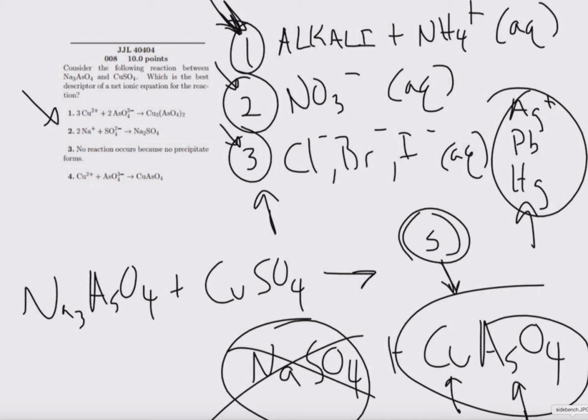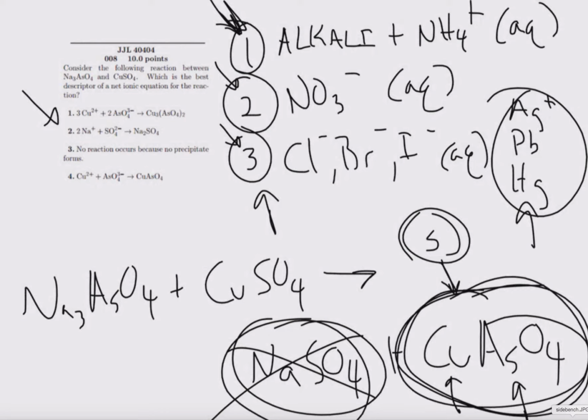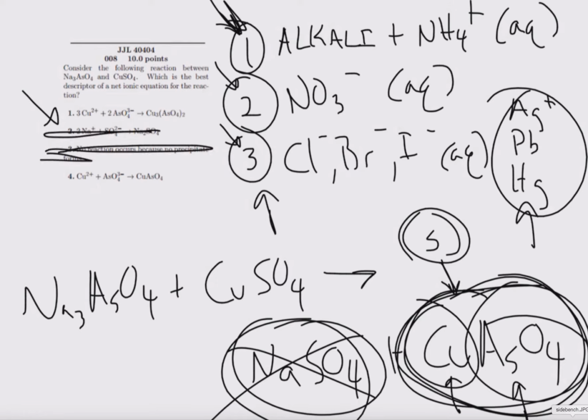Okay, that's a precipitate. If we looked at this equation and both substances were aqueous, then the answer would be no reaction. But that's not what we get. We get a solid with the CuAsO4. So the net ionic reaction only has copper and arsenate in it, which means it's not no reaction, because we do have something that's not soluble. So that leaves the last 2 choices here.